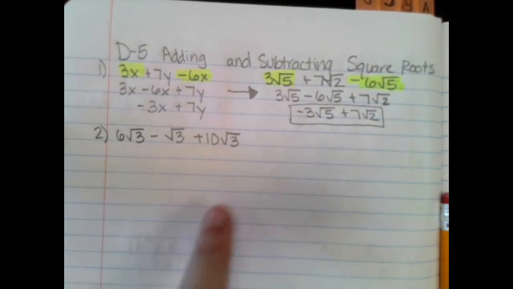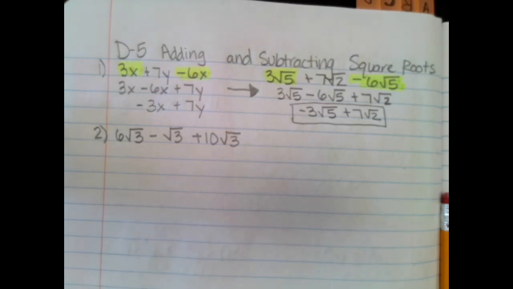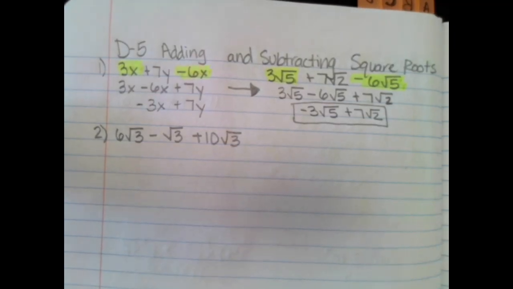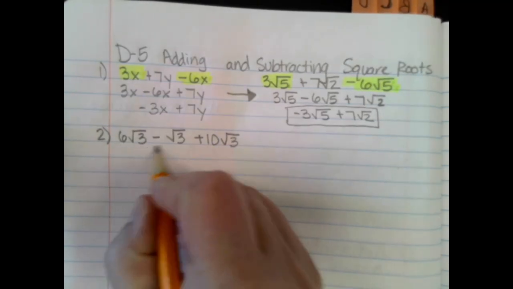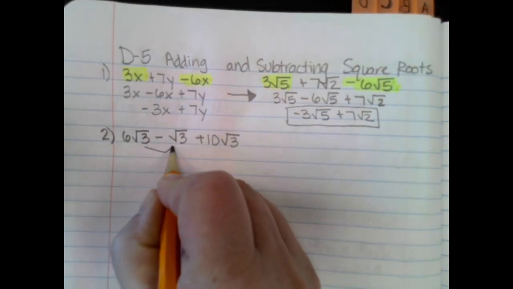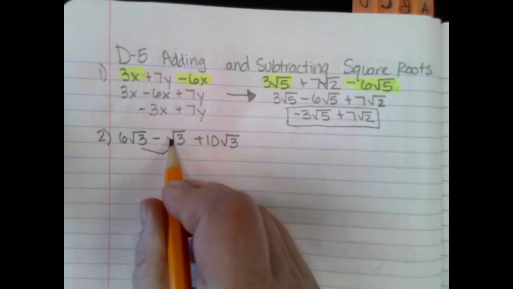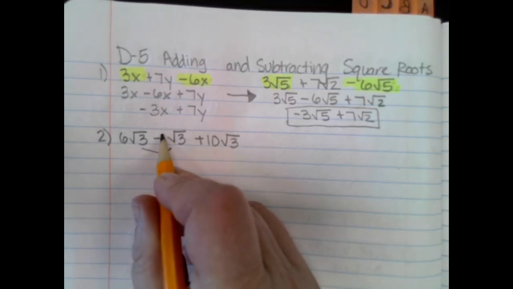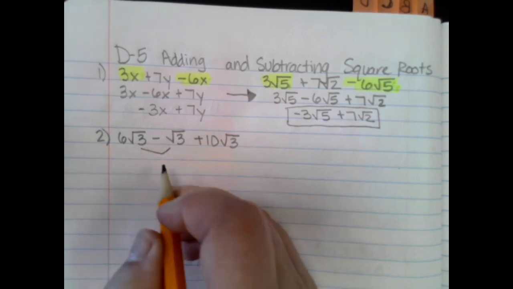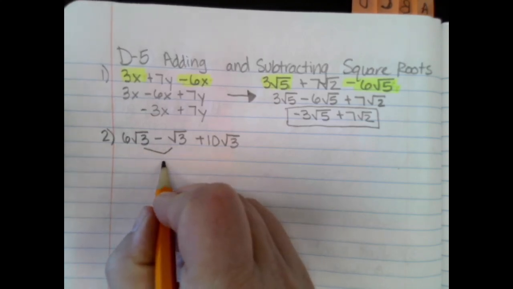So we're going to combine all of them, and when we add and subtract, we go left to right. We start with 6 square roots of 3 minus square root of 3. What's my coefficient if I don't see it? 1. So 6 minus 1 is 5. There you go.